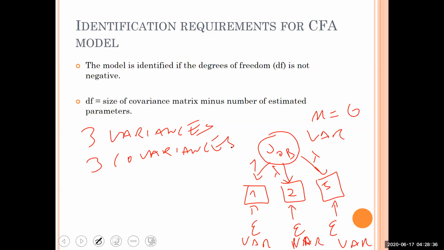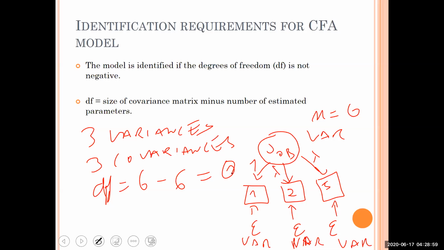The degrees of freedom then will be df equals 6 minus 6, because the 6 parameters are estimated. So this model is just identified. There is 0 degrees of freedom. It can be estimated, but you cannot evaluate model fit because a just identified model is saturated.